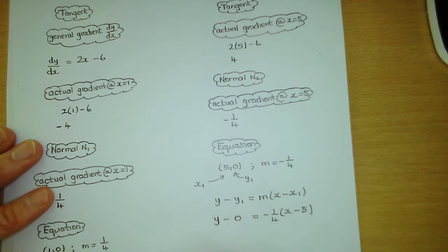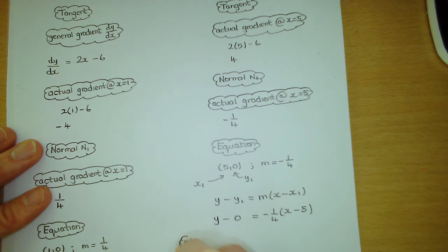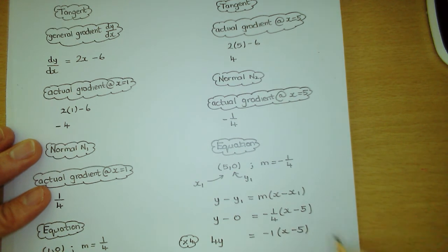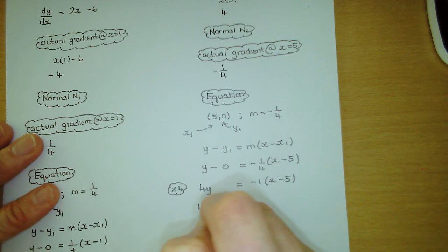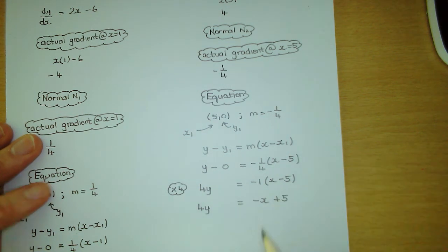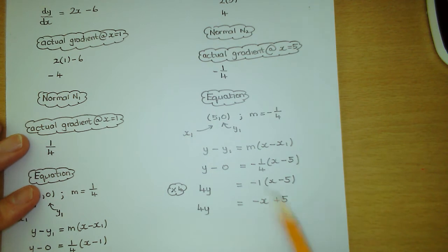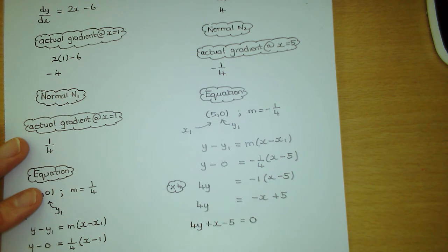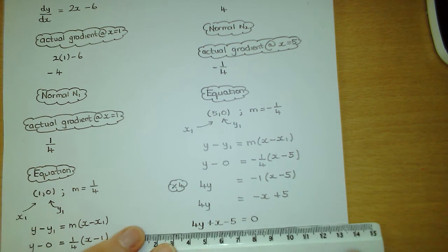Again, multiply through by 4 to clear any denominators. Then multiply out our brackets. And again, I'm going to bring all the terms to the same side. I'm going to bring everything over to the left. And there you go, that's a perfectly acceptable answer for the equation of the other normal.